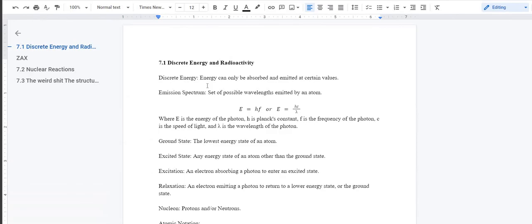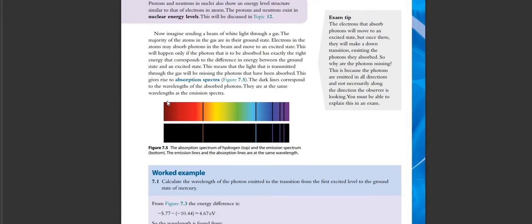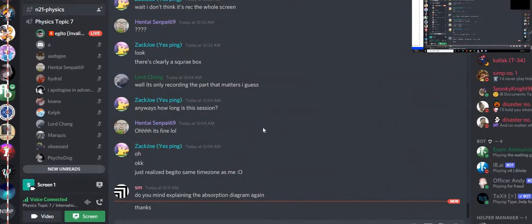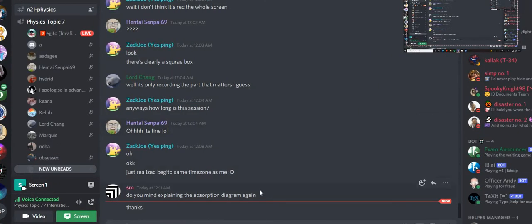When you use a spectrophotometer to see what wavelengths are present, you're going to get something that looks like this. It'll be a continuous spectrum over here, like a rainbow, but the energy values at which the atoms transition energy levels will disappear, and you get these black lines over there. Does that make sense? Okay, cool.